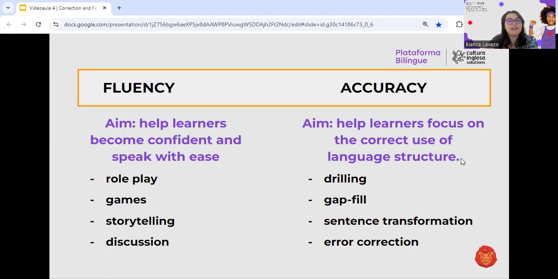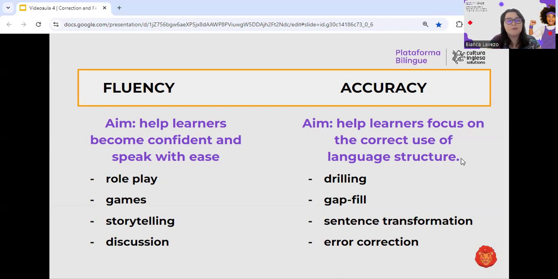So if you're thinking of drilling, any sort of drilling, let's say students are learning the verbs in the past, and then you keep repeating the words like visited or worked or traveled, anything like that, or even if it's just colors, you're helping them understand that it's a blue pencil.